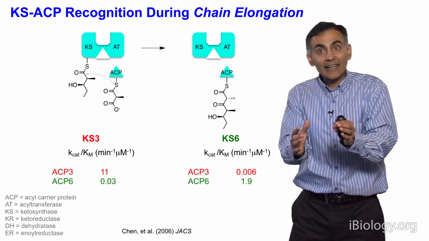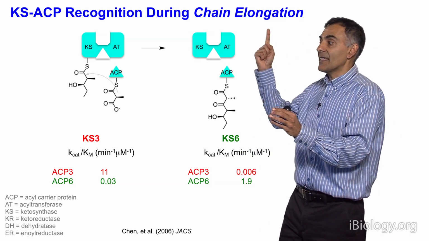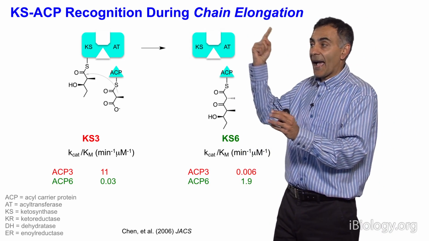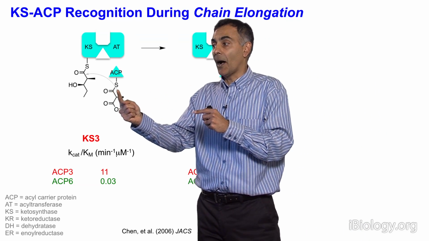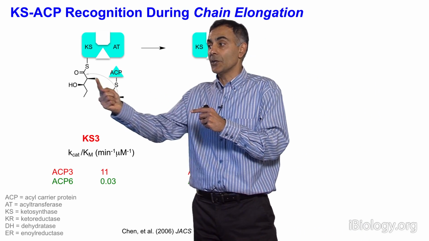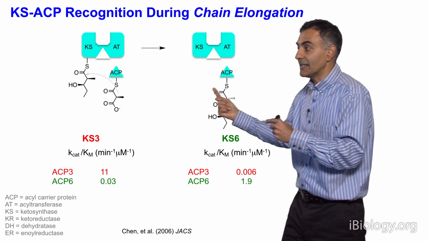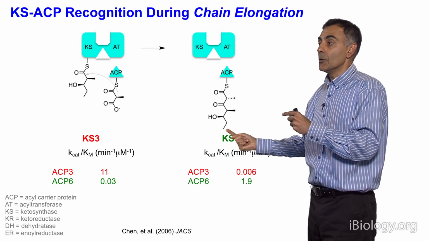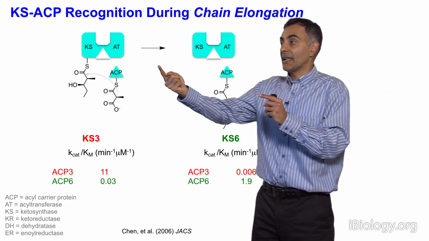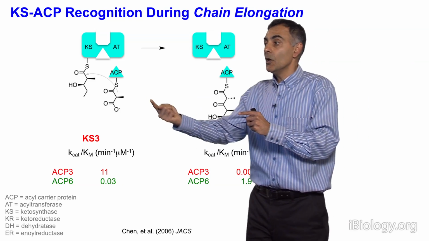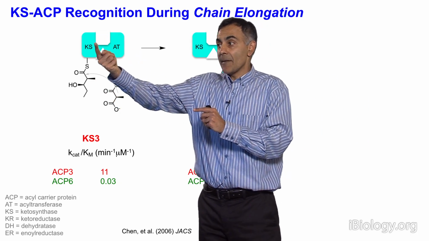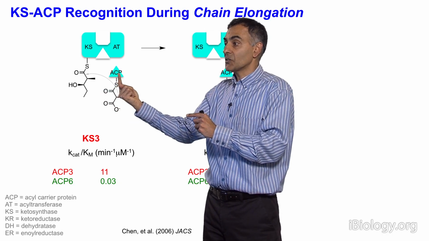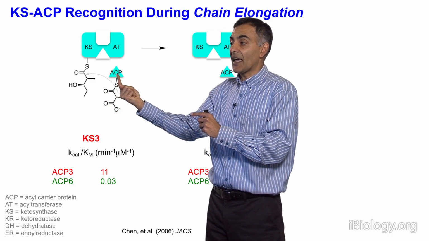You can do exactly analogous experiments in that other fundamental reaction, the chain elongation reaction, where that carbon-carbon bond is formed between the extender unit and the growing polyketide chain to give you this newly elongated chain. You can kinetically isolate this event. You can use the same substrates, same catalysts, just change the identity of this carrier protein.